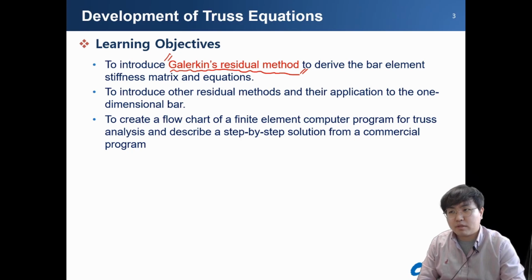Compared to the energy method, the Galerkin method uses the partial differential equation itself, so you don't need to convert the equation into another term, for example an energy term.